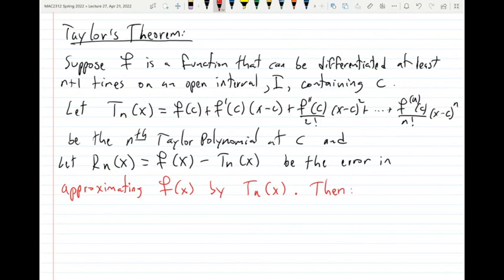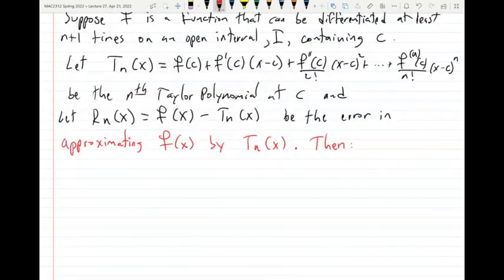So with this, then we can say the following. For every x, this is a little bit technical, I will try to explain what this means.